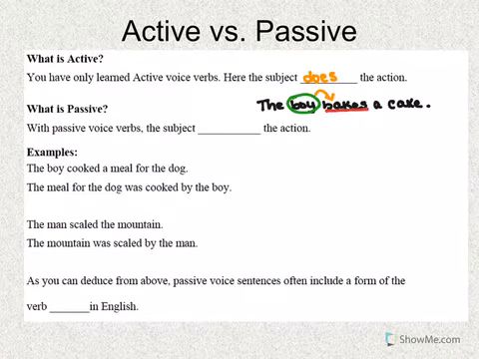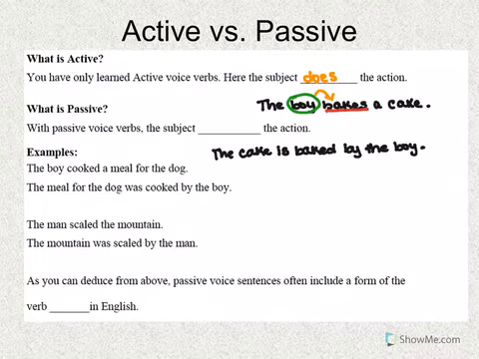However, it is possible to maintain the same meaning of this sentence, but change the relationship between the subject and the verb. Watch. I have now just written the sentence, the cake is baked by the boy. I haven't changed the meaning of the sentence, but I have changed the relationship between the subject and the verb.